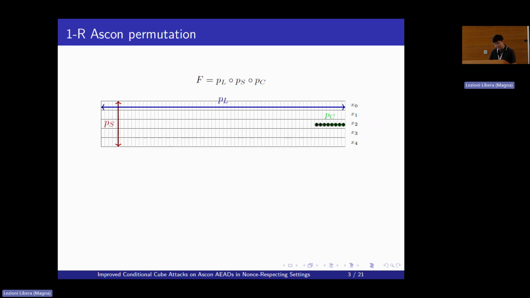One round of the ASCON permutation includes 3 operations. The first operation is PC, where 8 bits of constant are XORed with the state. The second operation is PS, where a 5-bit S-box is applied to each column. And PL is a 64-bit linear layer.